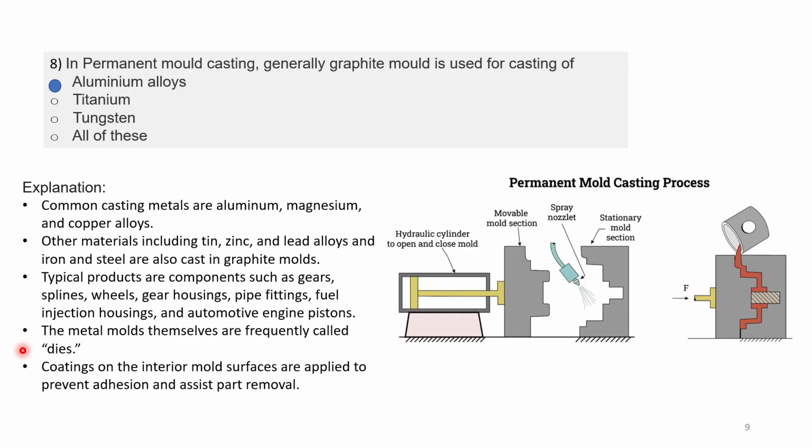Typical products are components such as gears, wheels, gear housings, pipe fittings, fuel injection housings and automotive engine pistons. The metal molds themselves are frequently called dies, and coatings on the interior mold surfaces are applied to prevent adhesion and assist part removal.